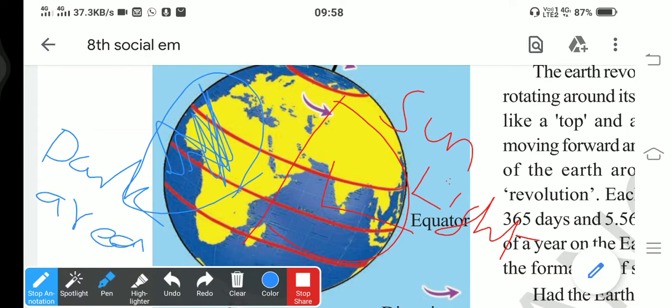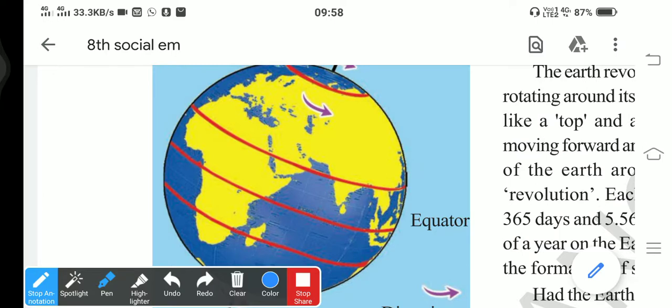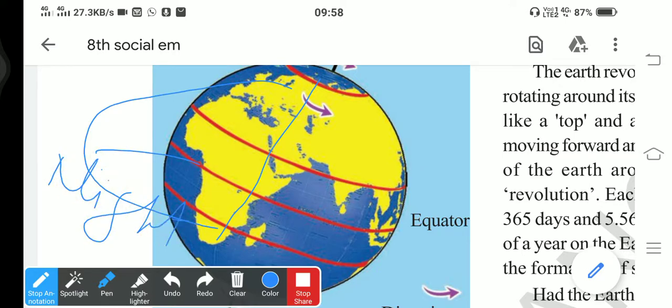So at one particular time, we see that one part of the earth, that is half of the earth, is exposed to the sunlight, that we call day. Another half portion of the earth is not exposed to the sunlight, that is called night.